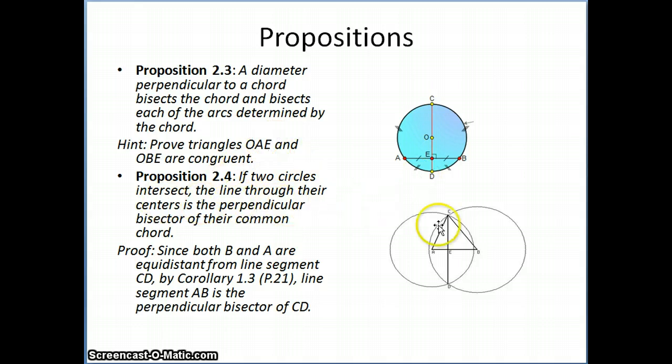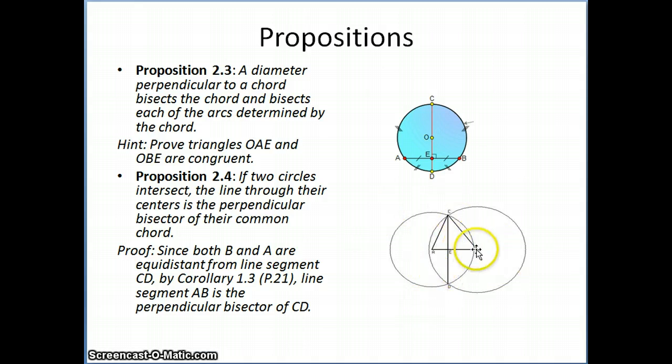And the 2.4, if two circles intersect, so we draw two circles, one big, one small. It doesn't matter, actually they can have the same size, same radii. The line through their centers, so A here is the center of the small one, B is the center of the bigger one.